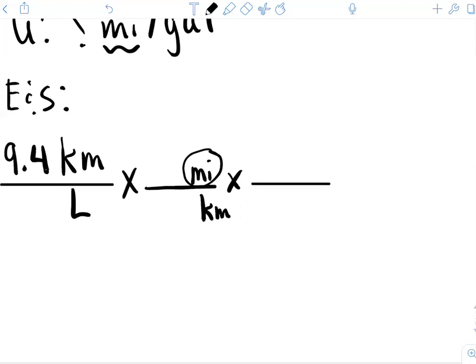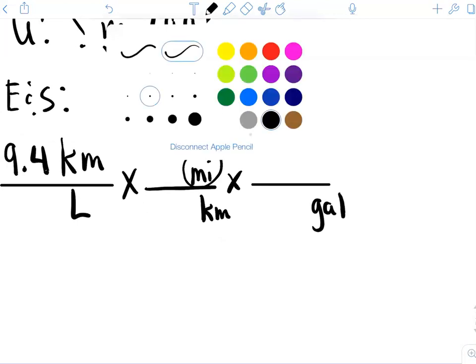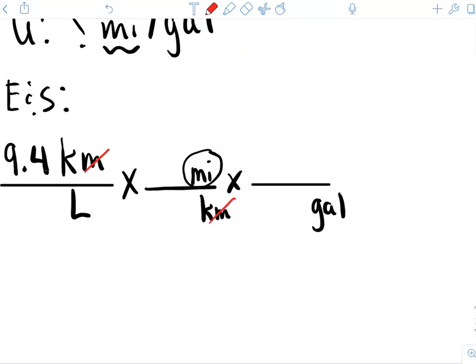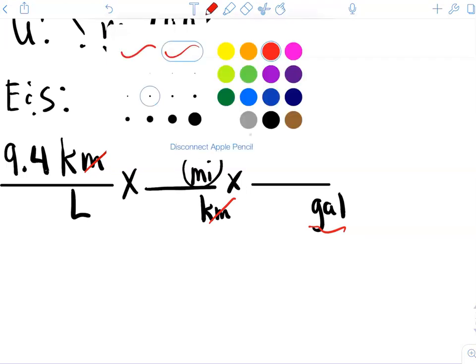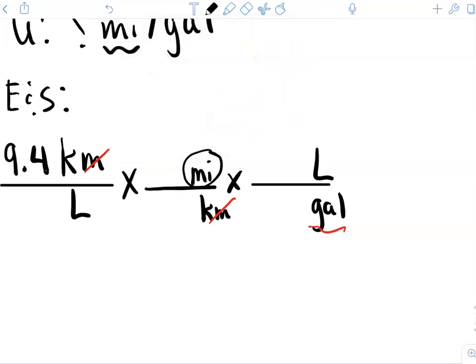So if I need gallons on the bottom, and keep in mind, this is canceled, this is canceled. I want mile on the top, gallon on the bottom. I'm going to have to put the liter up here in order to cancel out with this liter over here.